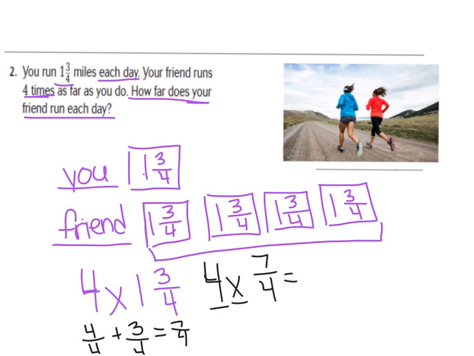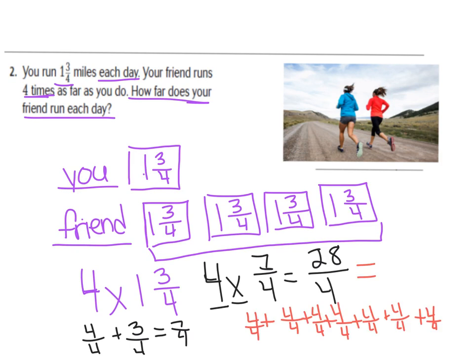Now I can go ahead and multiply whole number times numerator. 4 times 7, that gives me 28. And my denominator stays a 4. Now I have 28/4, and that is an improper fraction. I'm going to change that back to a mixed number.